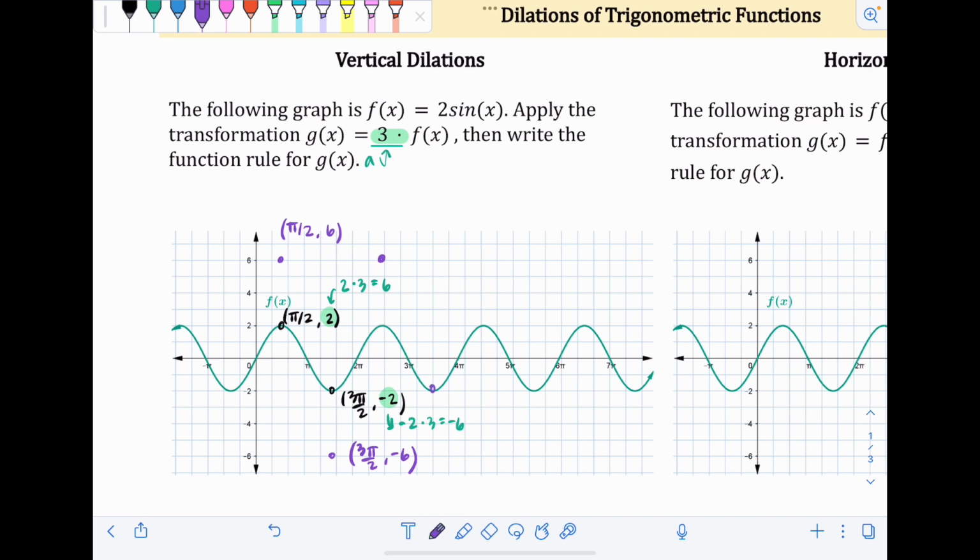This guy I could pull down, and this one I can pull down and it becomes negative 6 down there. My max up here I can pull up to a positive 6. This minimum I can pull down to a negative 6. This maximum I can pull up to a positive 6 up here. And then from there we can connect all of our new points.